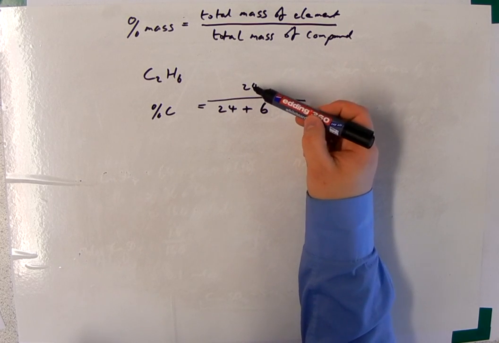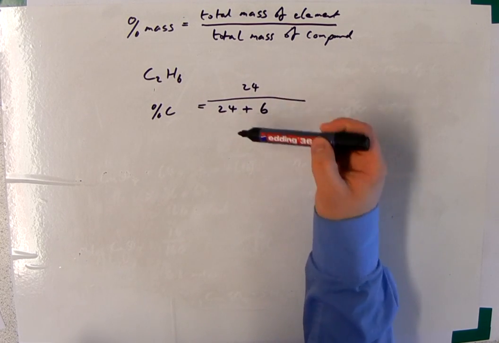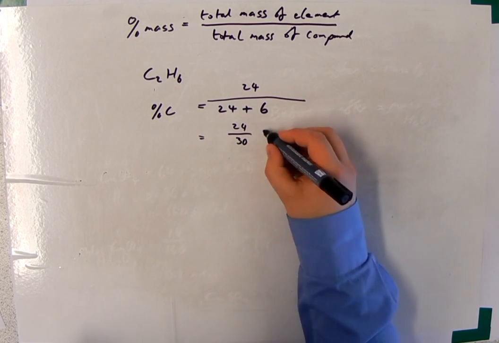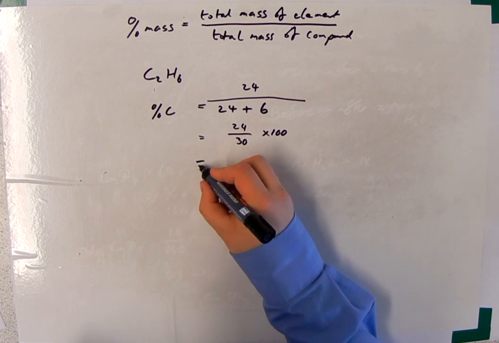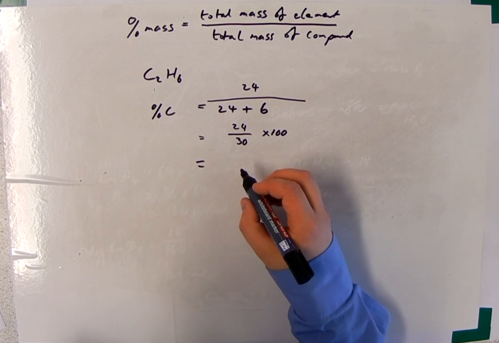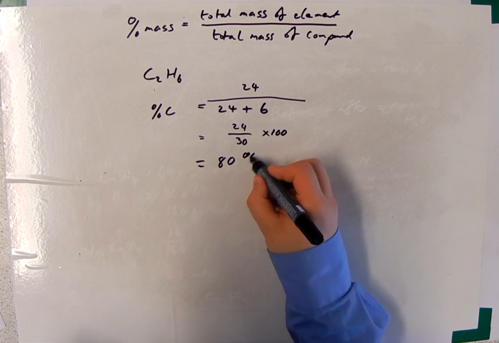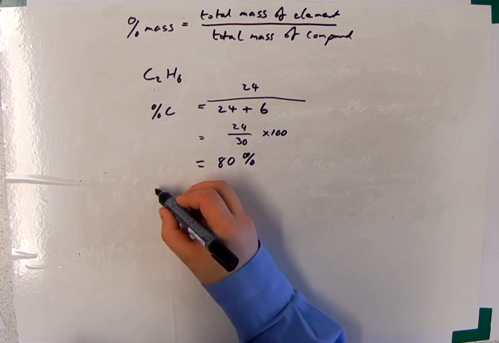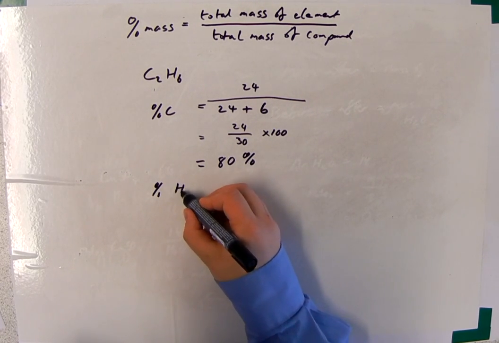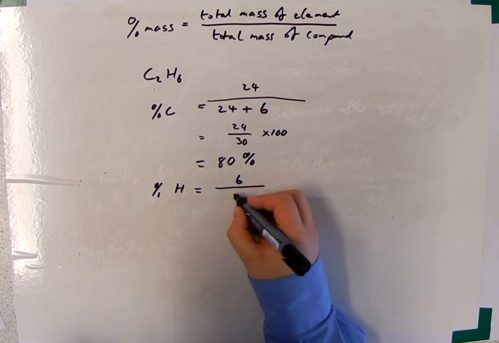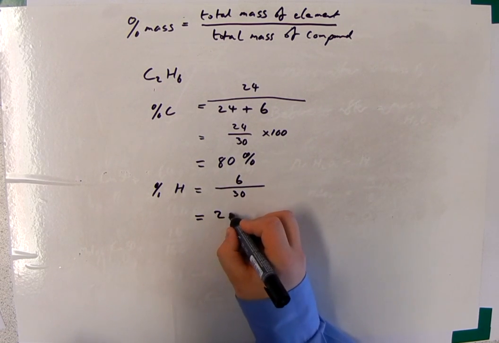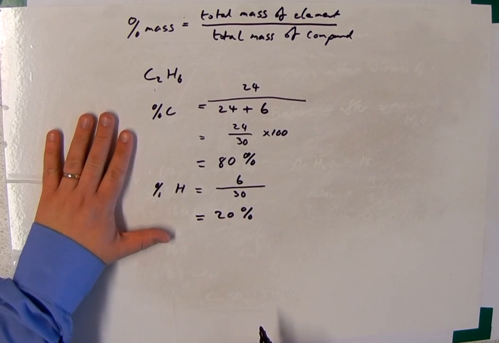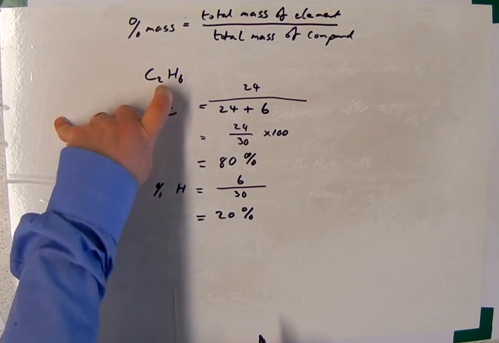So that's the total mass of the element, 2 times 12, plus the total mass of the compound, 30. 24 out of 30, times by 100 to make it a percent, gives us 80% carbon. So we're expecting we should get 20% hydrogen. Let's have a look. Percentage of hydrogen, 6 out of 30, which is indeed 20%. So percentage mass, quite straightforward. Amount of mass you have divided by total mass.